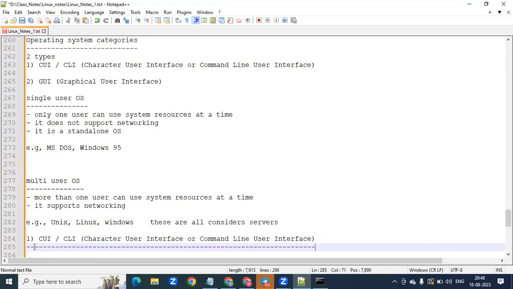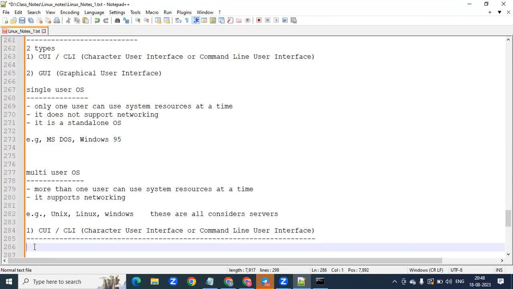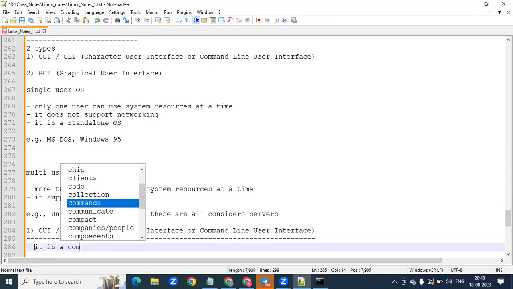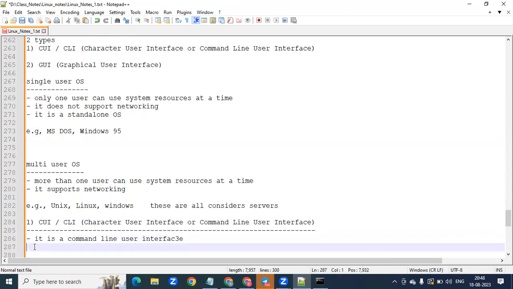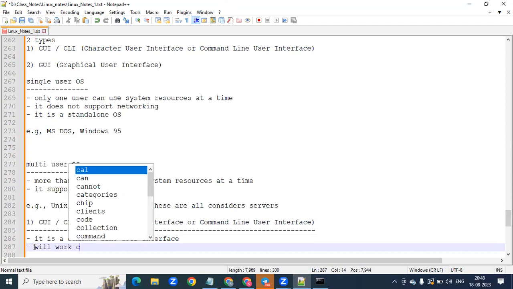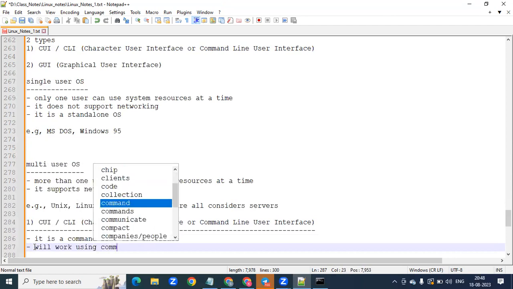Here, the mouse cannot be used. We work using commands only.